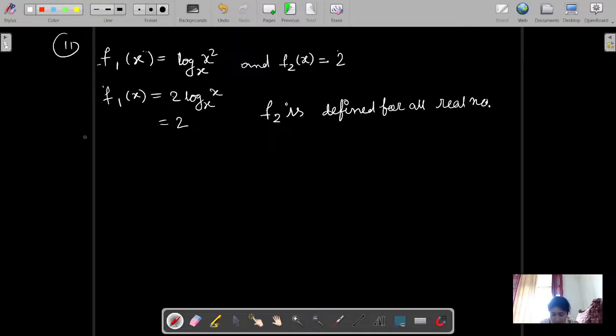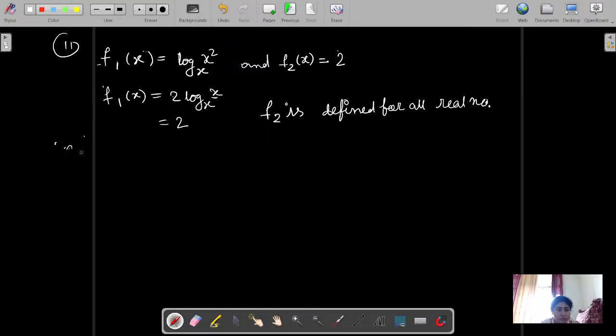But what is the case with f1, where it is defined? For that we have to take care of the domain of it. We know that base is also x, and here this is also x. So we have to take care that the base is also x, and this is also x.